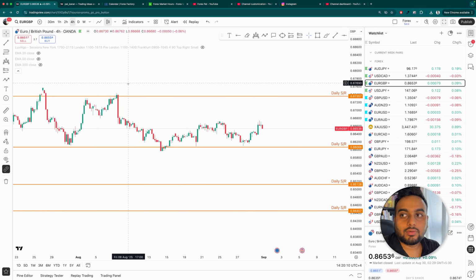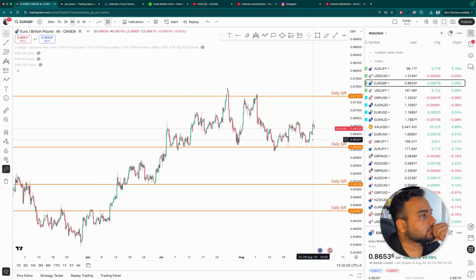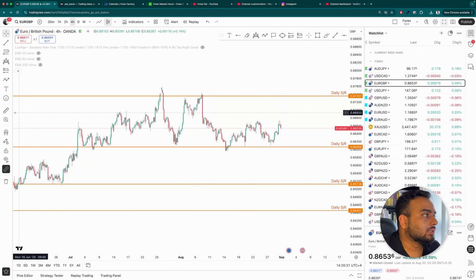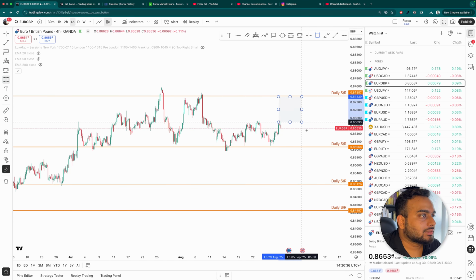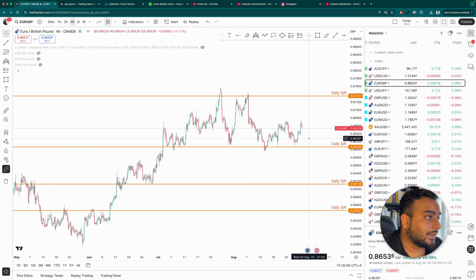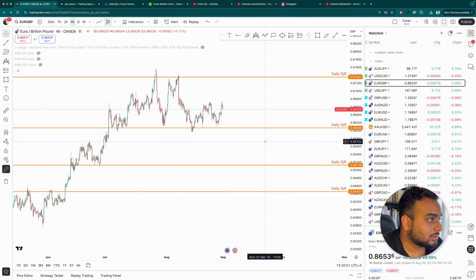Let's move down to 4 hour. So the price momentum between this area is, I mean, okay, if you have to trade this, you have to make sure that the structure changes and then you get a good risk to reward. So I wouldn't trade in this section specifically. What I want price to do is break this resistance, break this support, or maybe break this resistance.